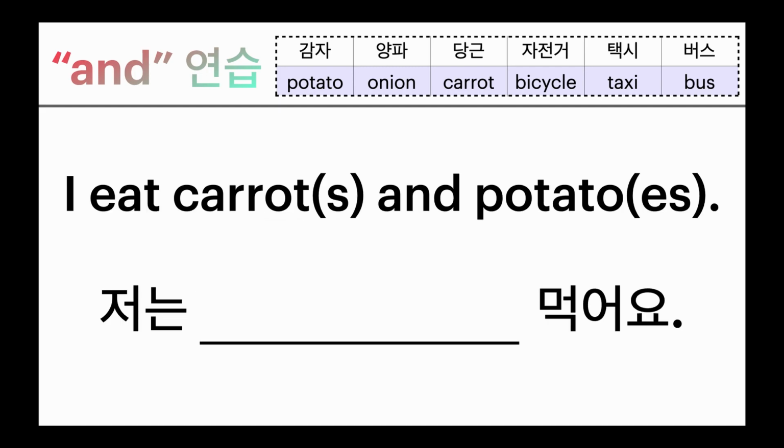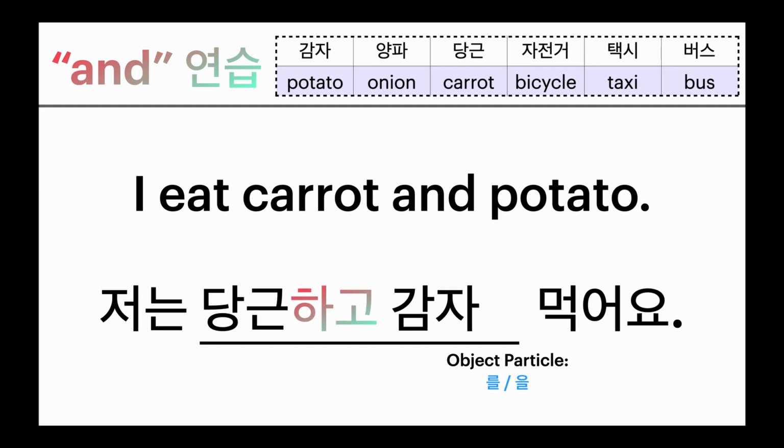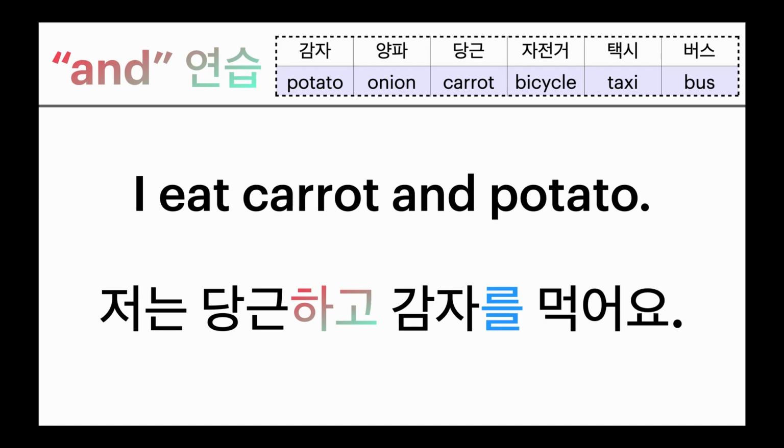Alright, let's make our sentence a little bit longer. I eat carrots and potatoes. And again, don't worry about pluralizing right now. Just I eat carrot and potato. 저는 당근하고 감자 plus the object particle 를 먹어요. 저는 당근하고 감자를 먹어요.